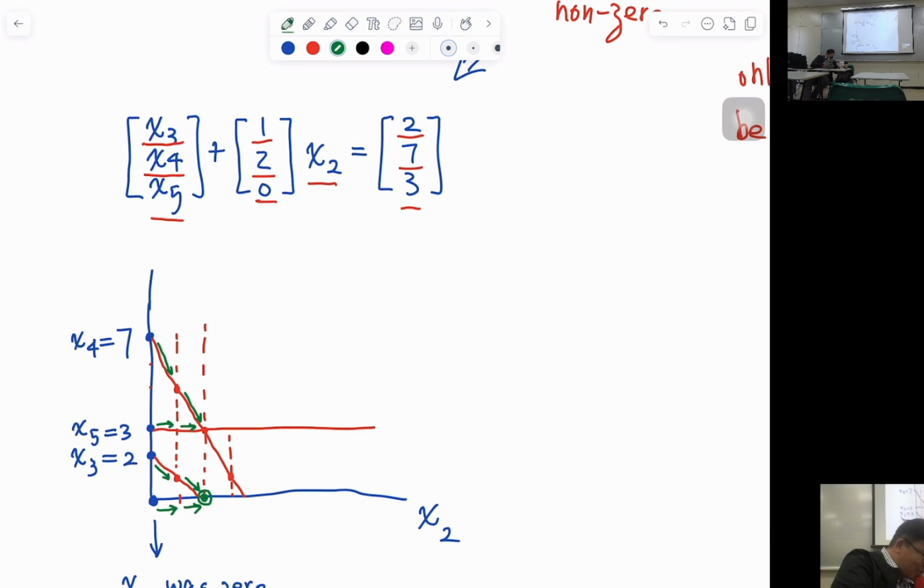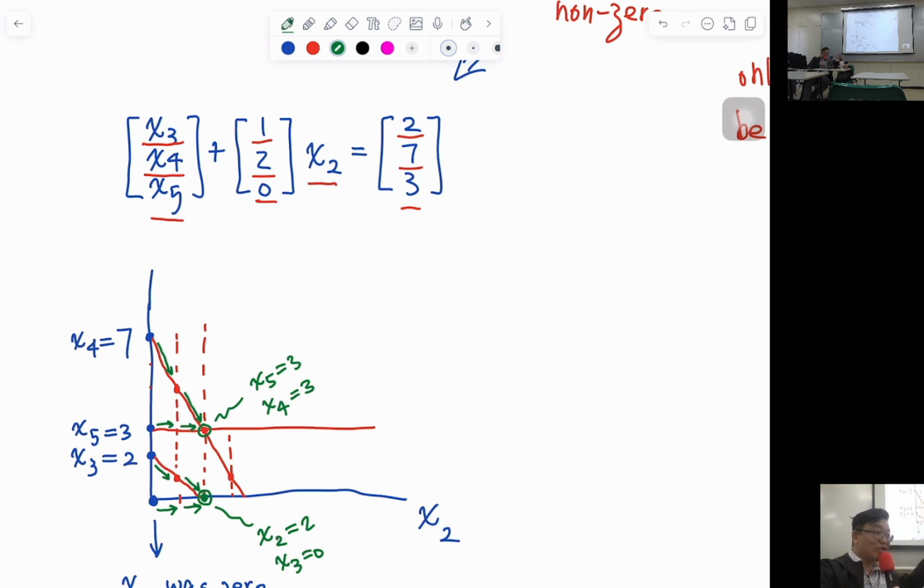So at the end, right here, x2 increases to 2. x3 drops to 0. And right here, x5 remains the same and x4 drops to 3.